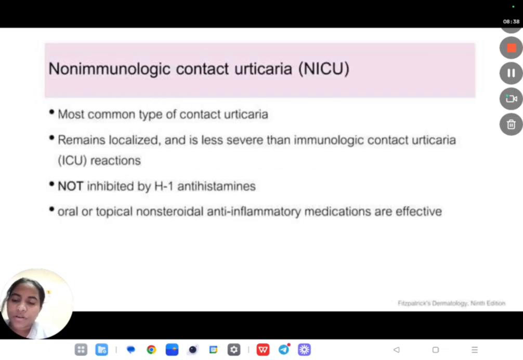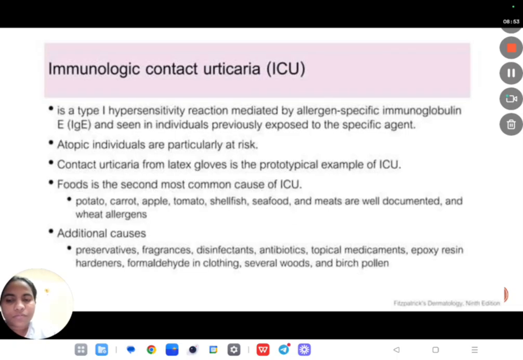Moving to immunological contact urticaria, which is the most common type of contact urticaria. It remains localized and is less severe than non-immunological contact urticaria. It is not inhibited by H1 antihistamines, but oral or topical non-steroidal anti-inflammatory medications are effective. It's a type 1 hypersensitivity reaction mediated by allergen-specific immunoglobulin, seen in people previously exposed to the specific agent.